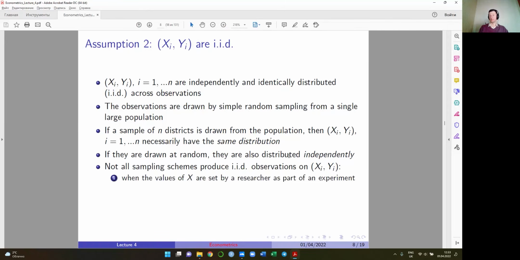For example, if you set values of X yourself as a researcher, those are not randomly selected, and that's why those are not independently distributed. Or when, for example, we work with observations of one unit over time, which is called time series data. Time series data is going to be studied in the second part of econometrics next semester. So we also will discuss how to deal with those issues when observations are not independently distributed.